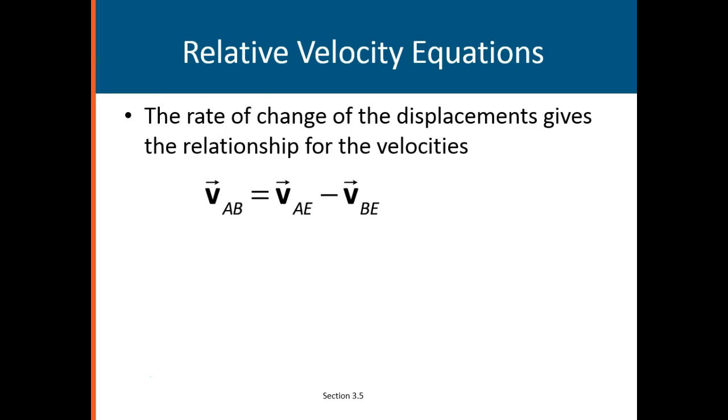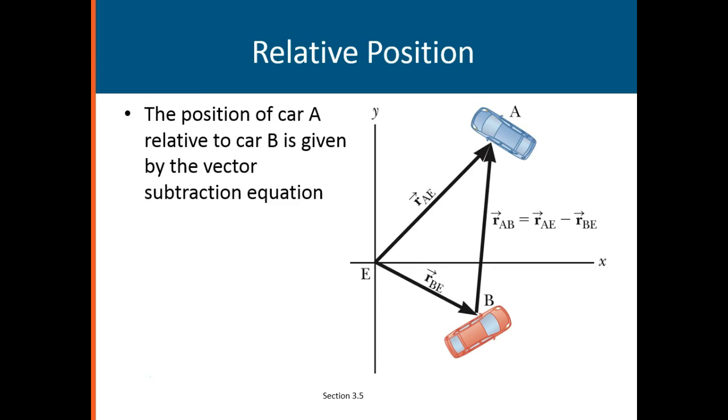So the rate of change of, okay, these again are position vectors. What does it take to go from a position vector to a velocity vector? Position is usually measured in what units?